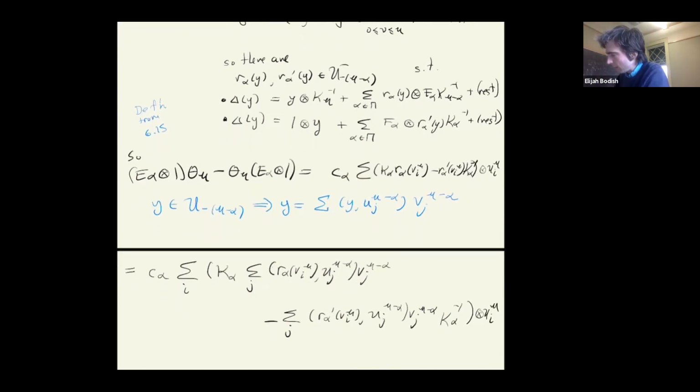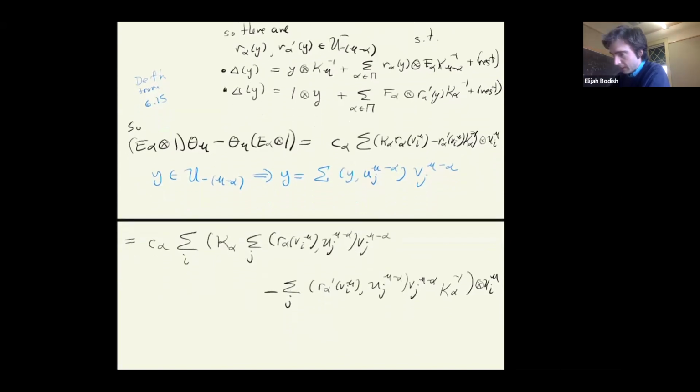And then this is where we're going to use some property that was proved earlier.